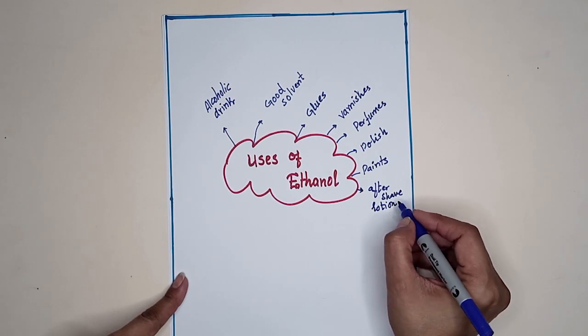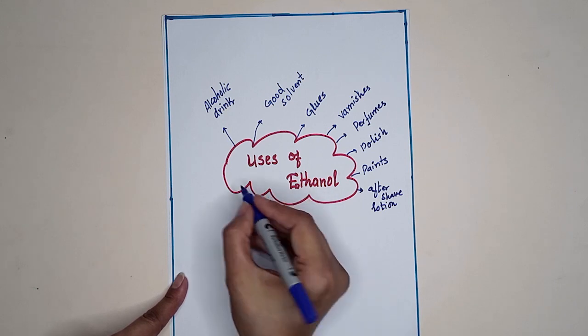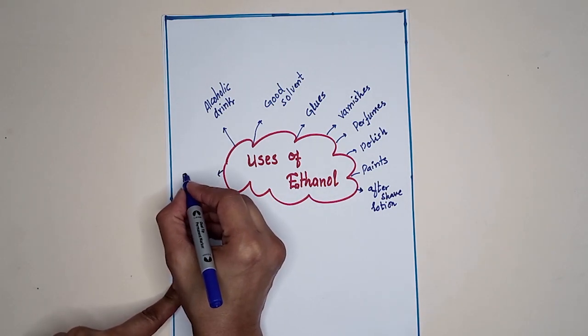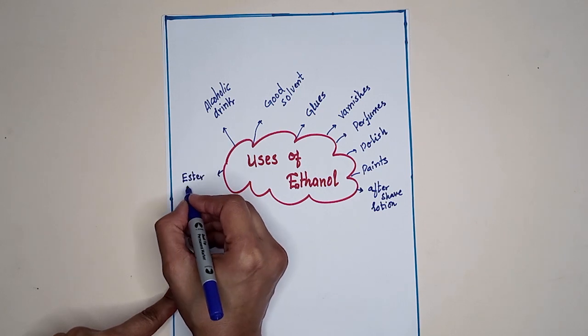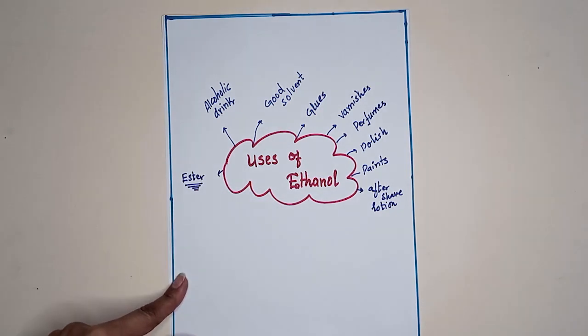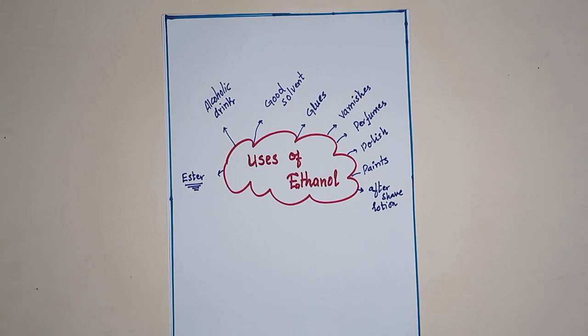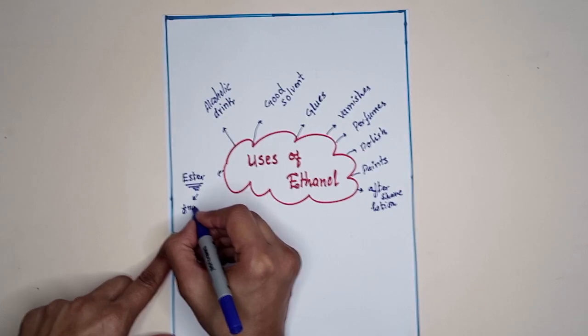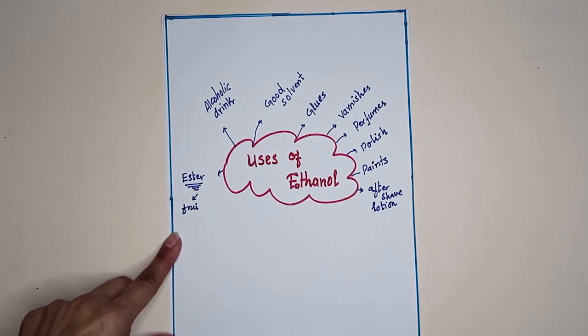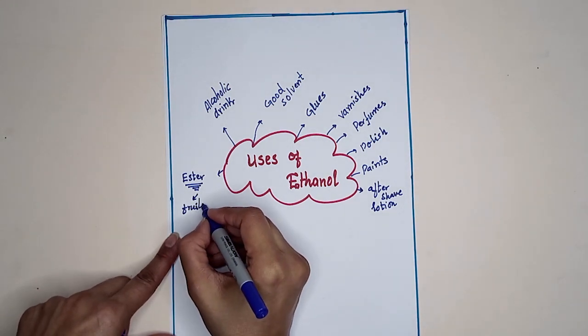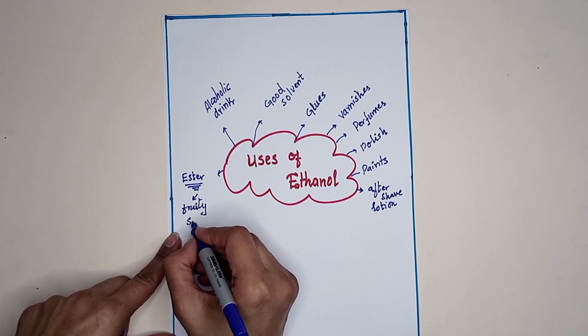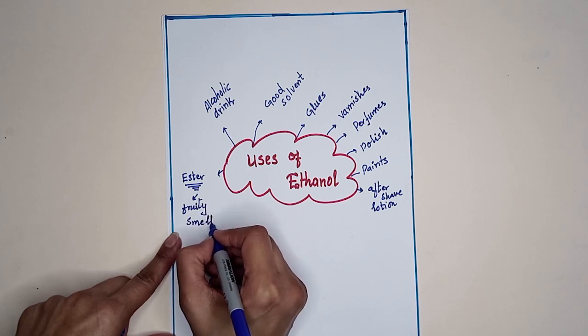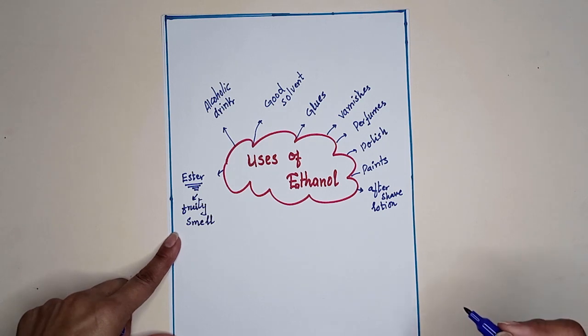And then in making esters. The very important one is making esters. Esters are prepared from ethanol when we react it with carboxylic acids. Esters usually give a fruity smell, a characteristic fruity flavor and taste.